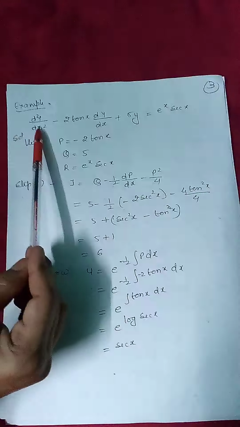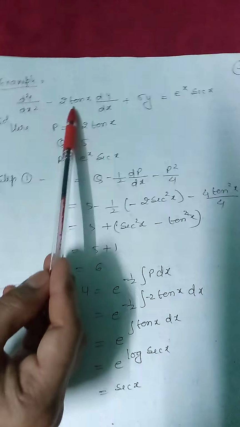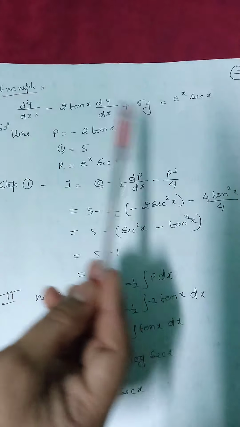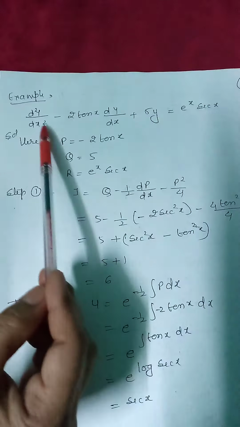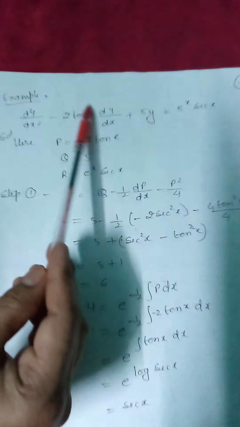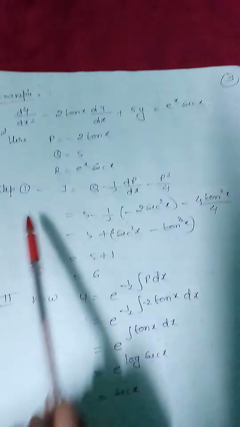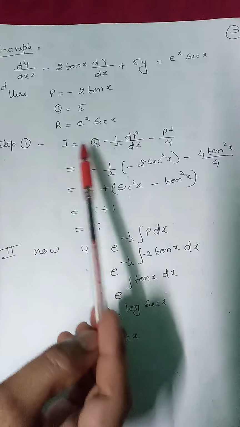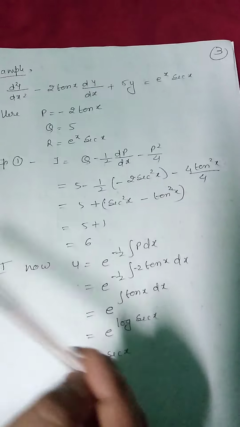First example, d2y upon dx square minus 2 tan x dy upon dx plus 5y is equal to e raised to x sec x. Then compare with the standard form, to get p, q and r. Then first we calculate I, which is q minus half dp upon dx minus p square upon 4.